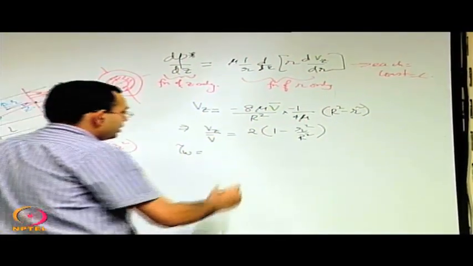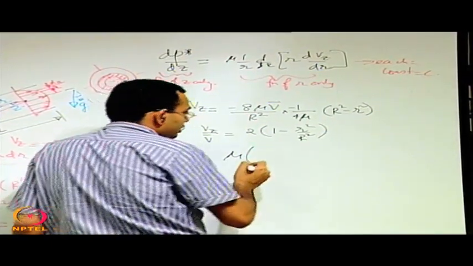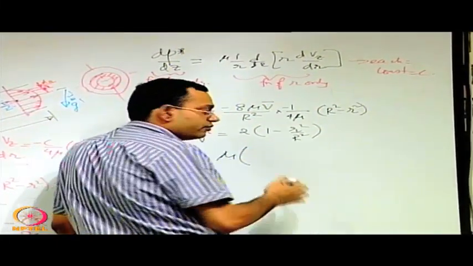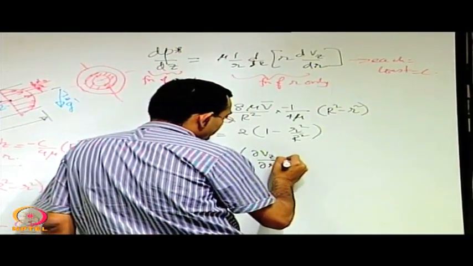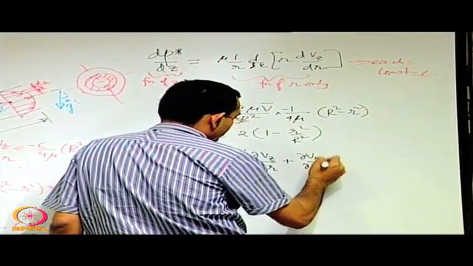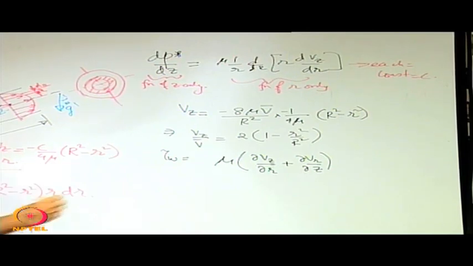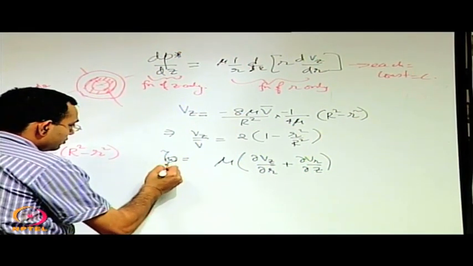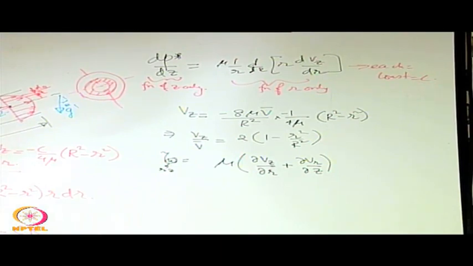So it will be like mu, we will adjust the sign positive or negative later on, mu into the rate of deformation. This is like tau rz, with the proper subscript with the index.